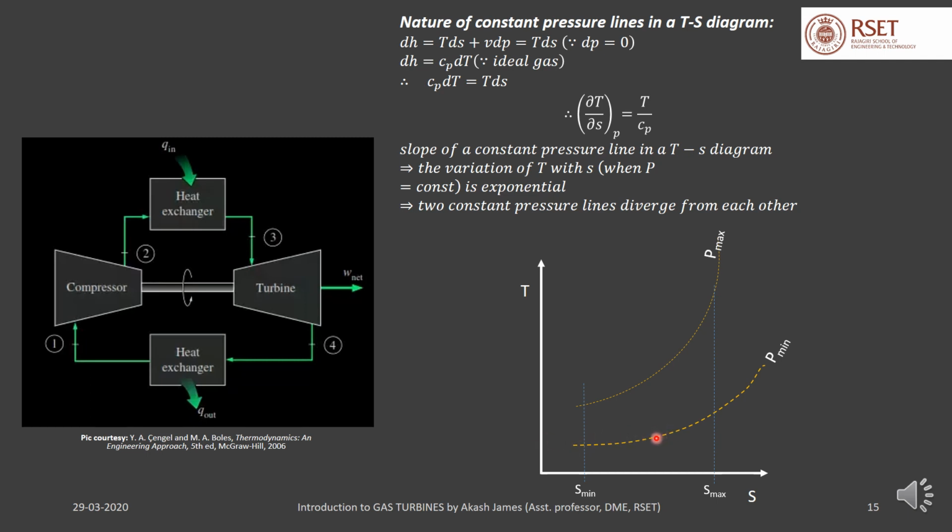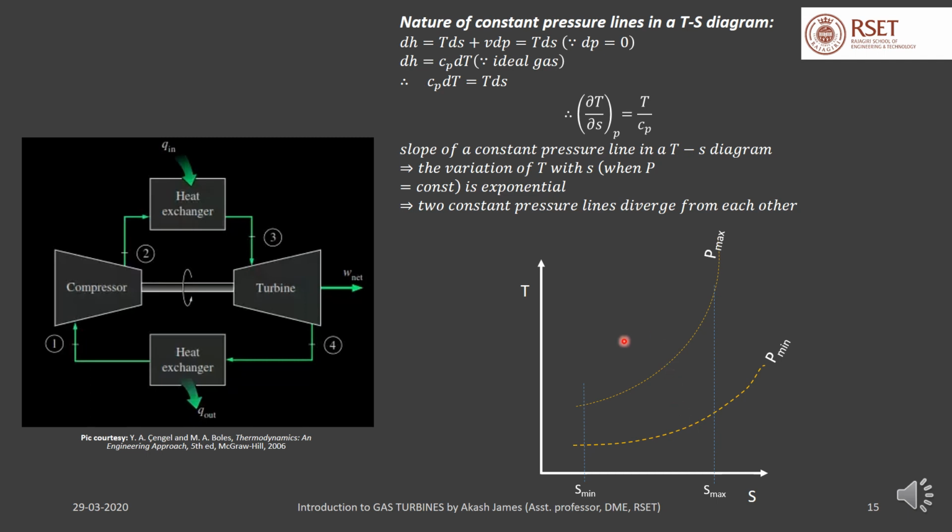So the slope corresponding to the particular entropy for a minimum pressure will be less than that of the maximum pressure, or in other words, these two lines will be diverging from each other.